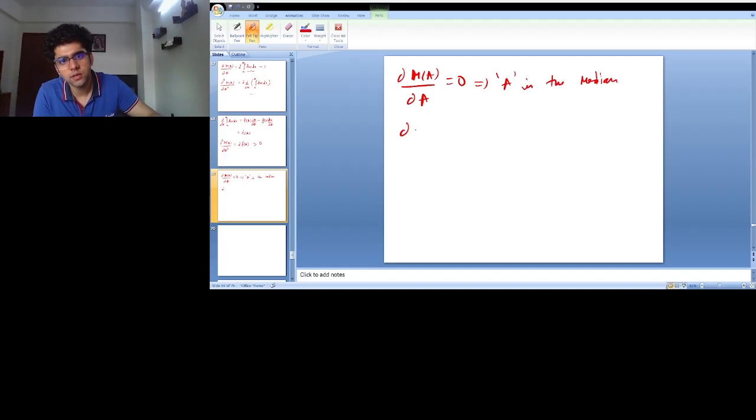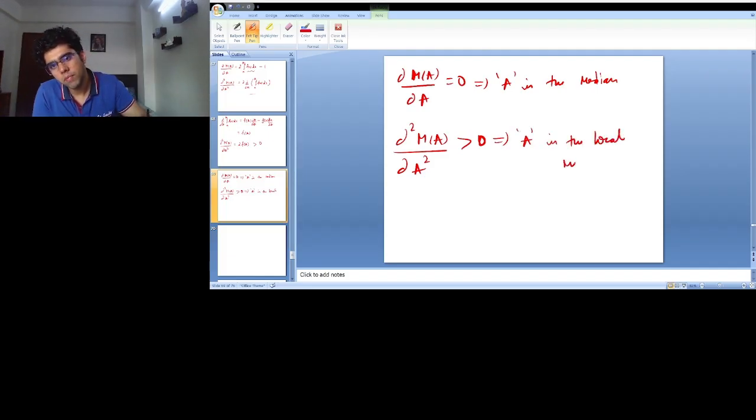And when I checked the second derivative, del squared M by del a squared at the point a, I got this as positive. Yeah, this turned out to be positive. This implies that a is the local minima in the interval a, b. I can also say that this is a global minima in a, b.